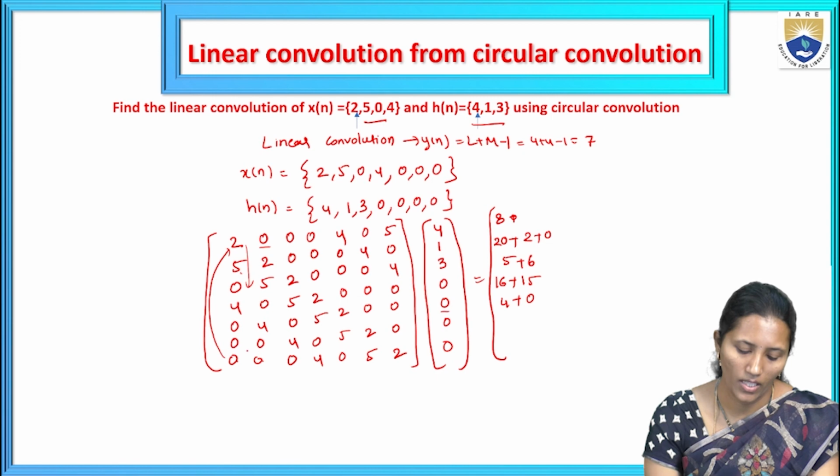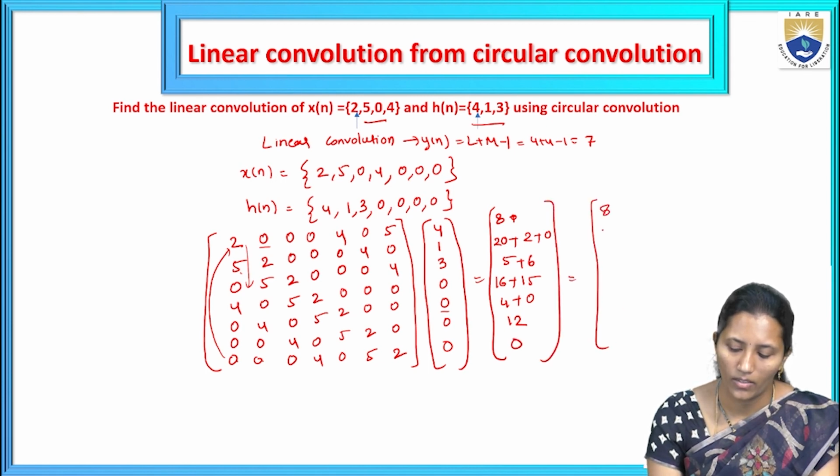In the sixth, 4 into 3, 12. And in the last we will get 0. So the final output is 8, 22, 11, 31, 4, 12, 0.